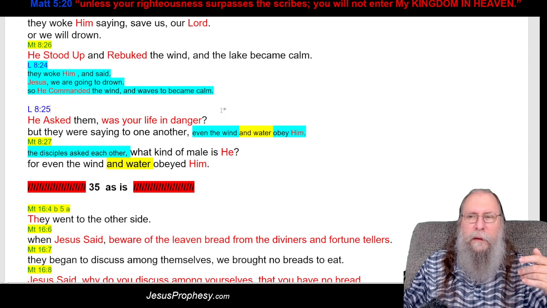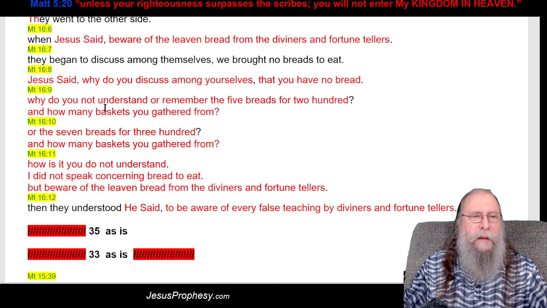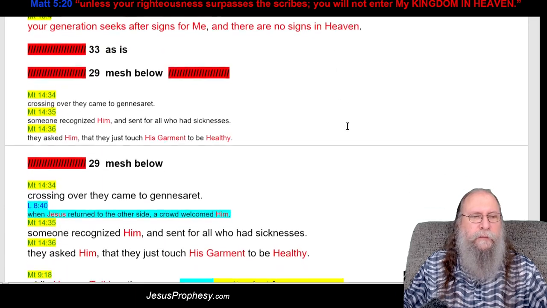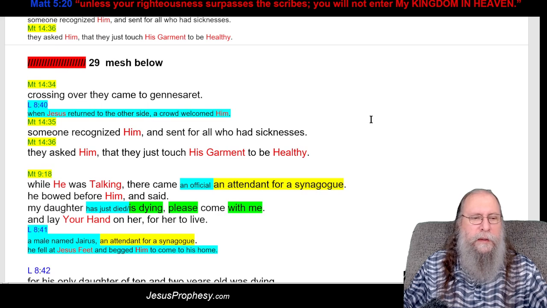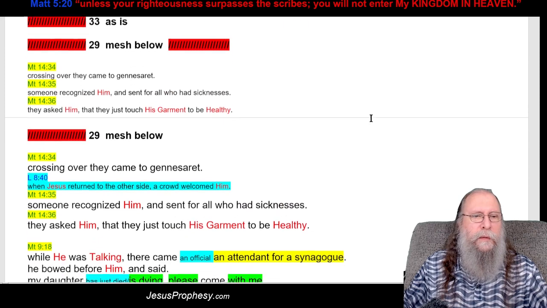Okay. I just needed to look at the time. This text will be left as is. This text here will be left as is. This text here is going to be meshed down here, and I can see that, whoops.